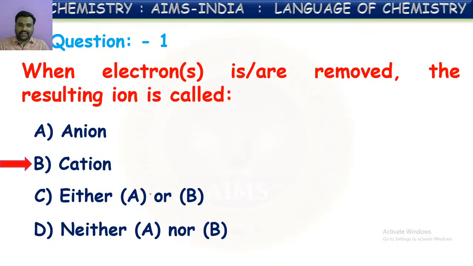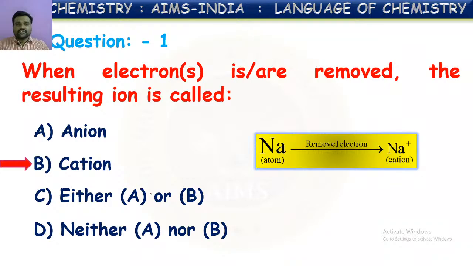That is also called electropositive ion. You can see one example also for that. Sodium, on losing one electron, forms Na plus ion, which is a cation. It is also called electropositive ion. And this electropositive ion is formed by the loss of one electron, hence it is also called monovalent electropositive ion.